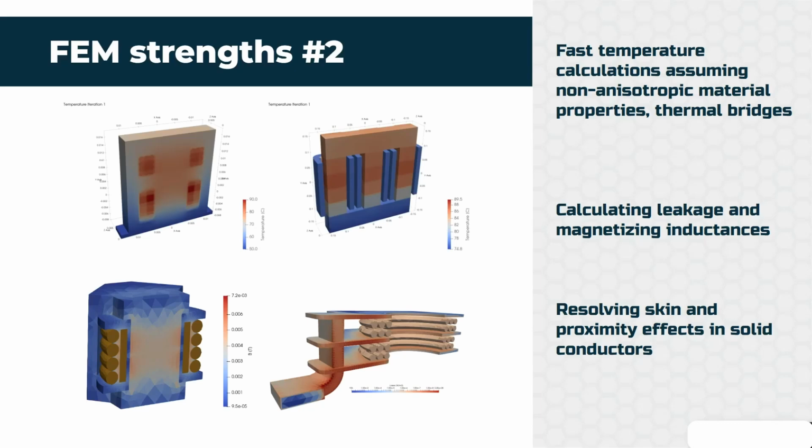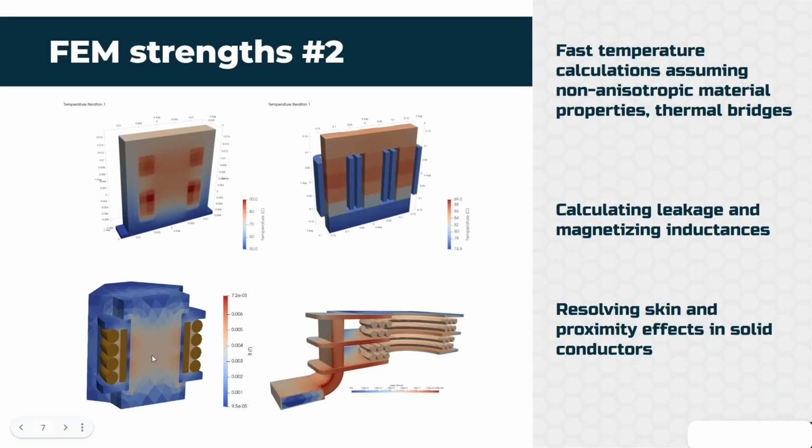Then the advantage of 3D FEM is to calculate leakage inductance. Usually calculating leakage inductance is a rather quick simulation. Here we have a primary and secondary winding. We excite the primary winding while we short the secondary winding, applying 0 voltage on it. The magnetic flux energy is mostly concentrated between windings.